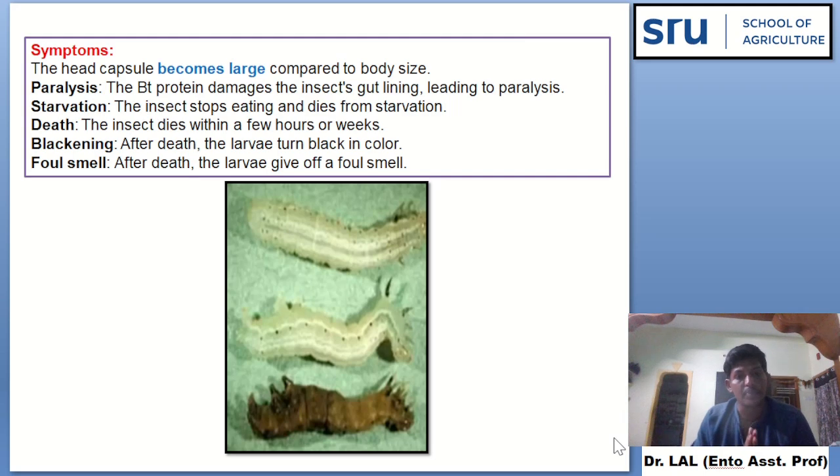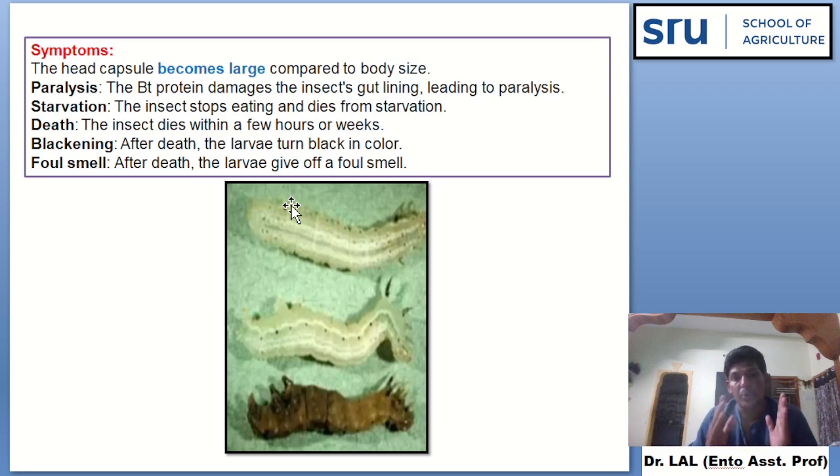Then what are the symptoms associated with the Bt action? What are the symptoms associated with the Bt toxification? In a Bt toxicated insect, the head capsule becomes large compared to its body size. Paralysis.